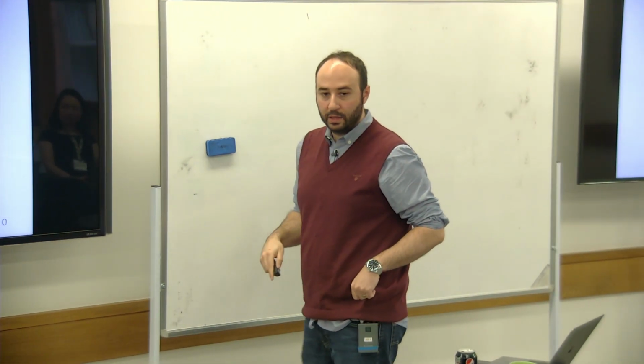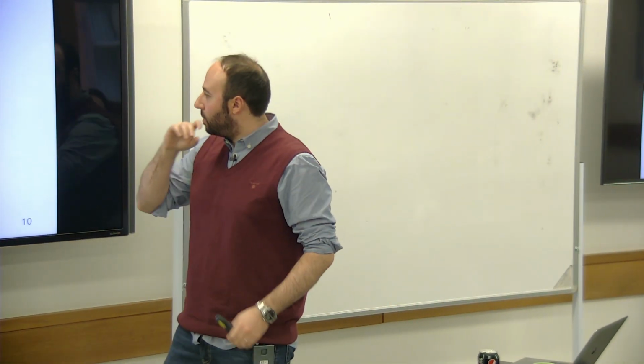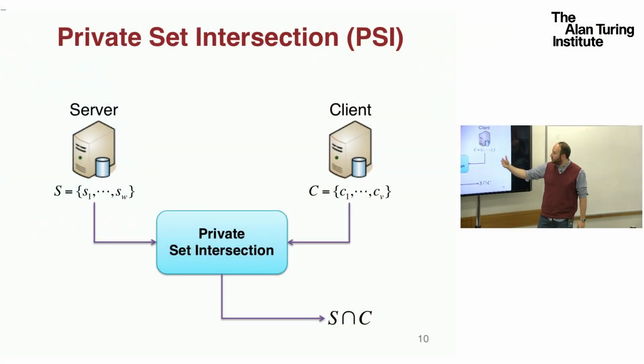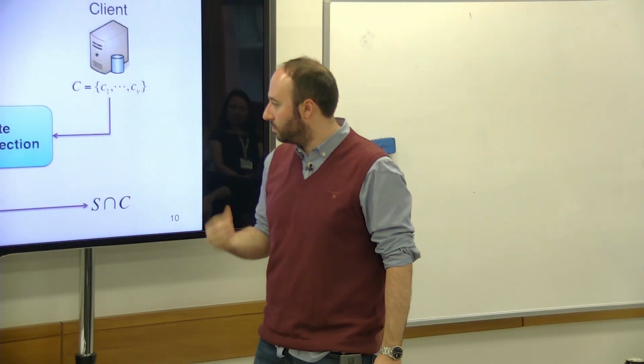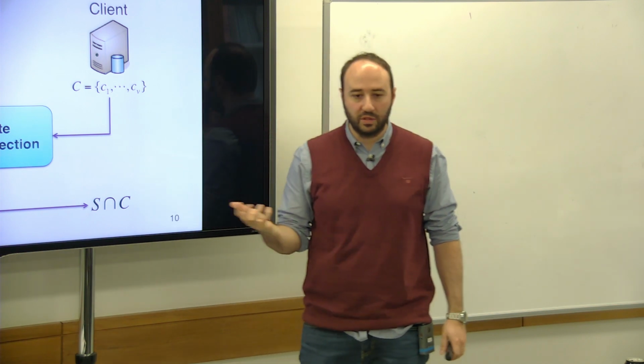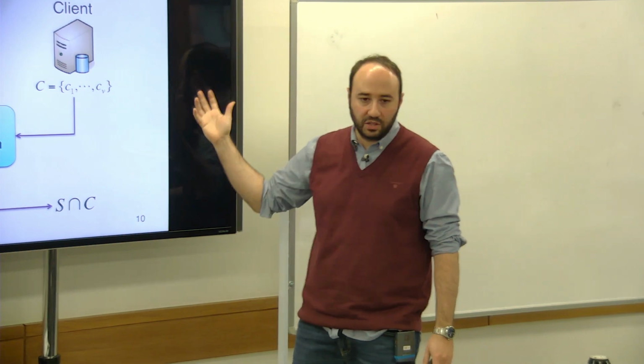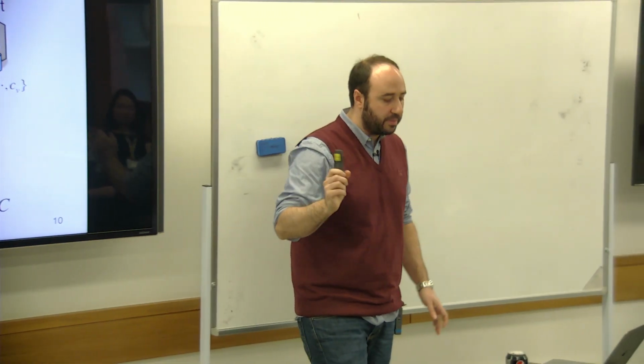If these two parties interact multiple times, what happens if the client changes its inputs? How can we reason about those executions of the protocol, maybe with different inputs? I'll get back to that as well.